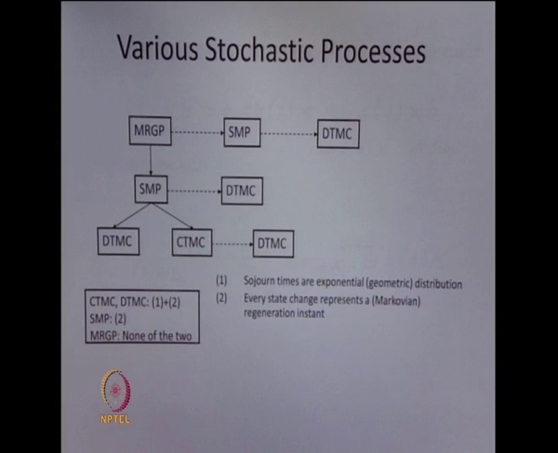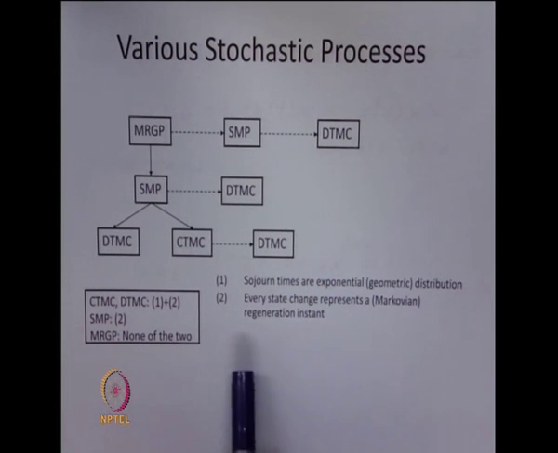These are the epochs or points T1, T2 and so on, at which the process probabilistically restarts from scratch. That is, from epoch T1 the process is independent of its past, and the stochastic process behavior from epoch T1 is the same as it had from T0 equal to 0. These epochs or points are called regenerative epochs, regenerative time points or regenerative instants.